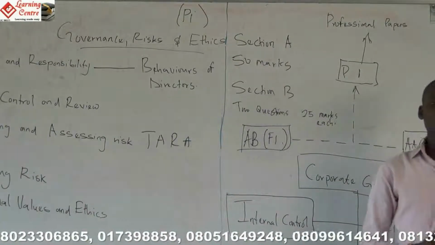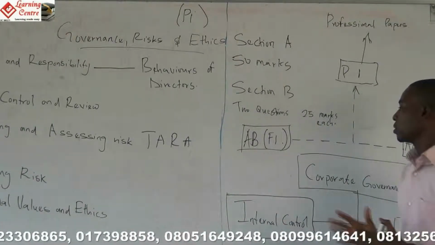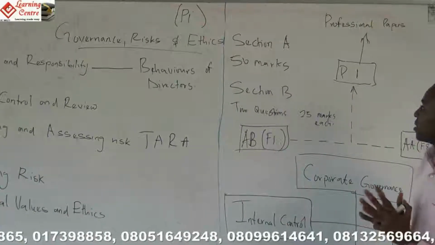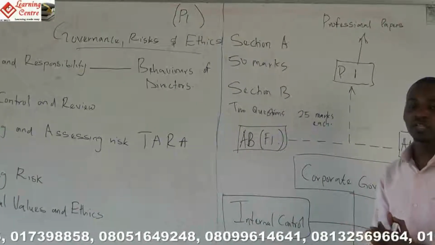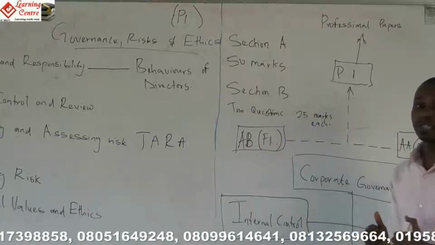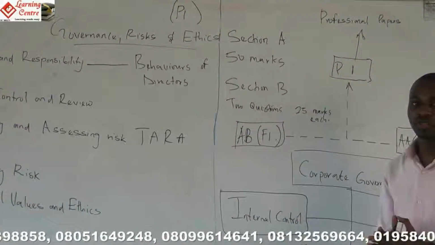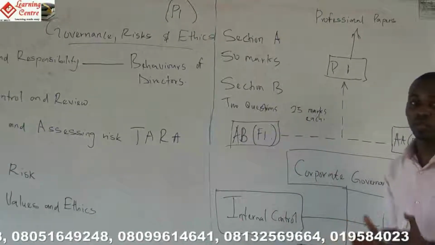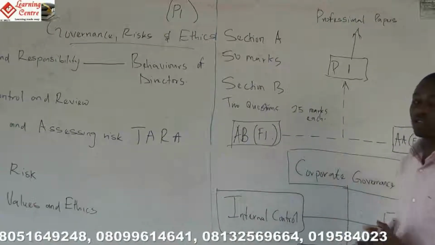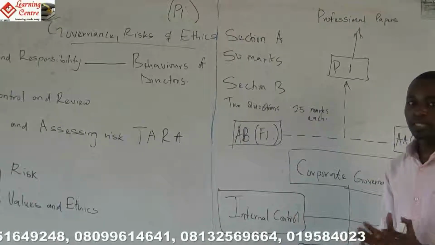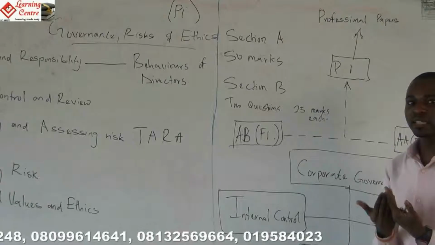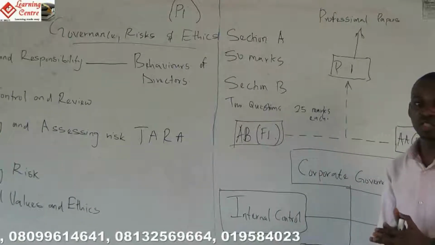And one thing I would like to inform you, the ACCA is an exam for professionals, and as such, you are expected to think as professionals. So even though we've said that the 2 questions in Section B that you will be answering will be 25 marks each, please don't come to the examination with a mindset that you will be asked knowledge-based questions.